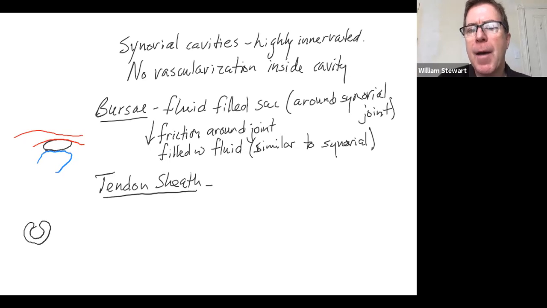And it actually wraps around a muscle tendon like this. And it has some distance to it as well, some volume to it. So it's almost like a hot dog bun enclosing the hot dog, wrapping around it.